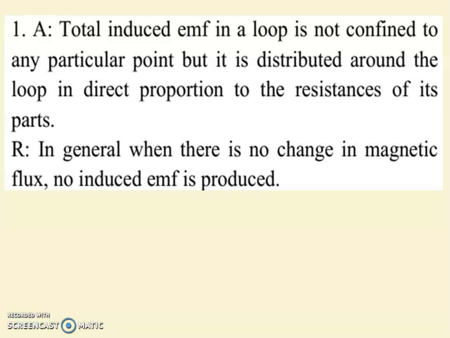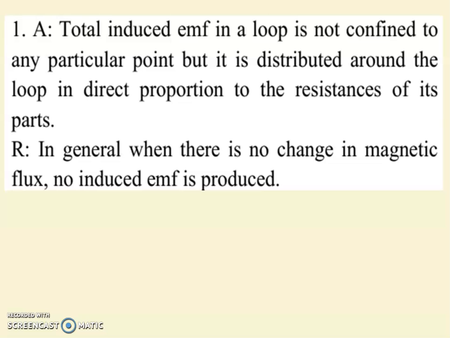So this is the first question. Assertion: Total induced EMF in a loop is not confined to any particular point, but it is distributed around the loop in direct proportion to the resistance of its parts. Reasoning: In general, when there is no change in magnetic flux, no induced EMF is produced, right?